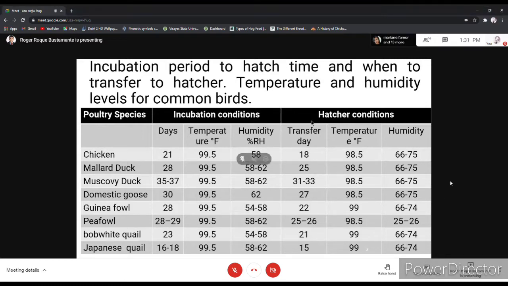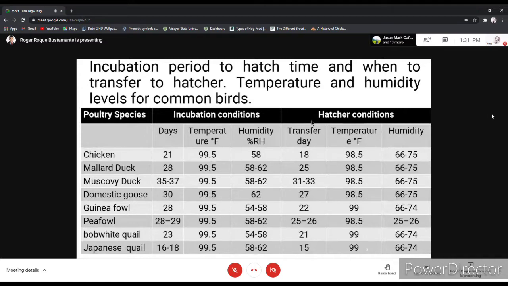The eggs are set in the incubator until they are ready to hatch, and in larger scale this is specific. After 18 days for chicken, the eggs go to the hatcher so they can pip, since the eggs are about to hatch at 18 days.